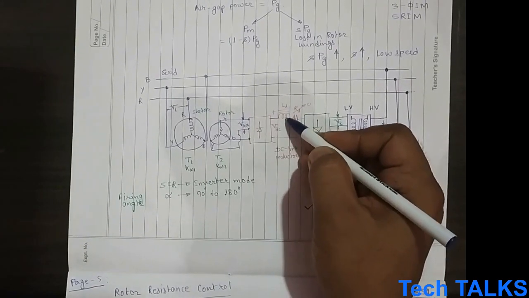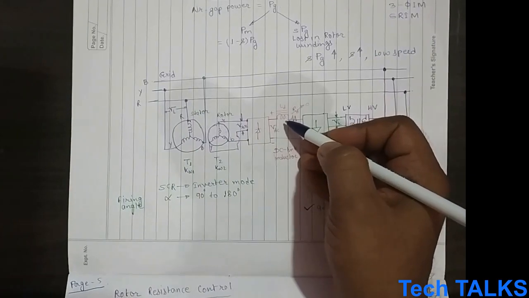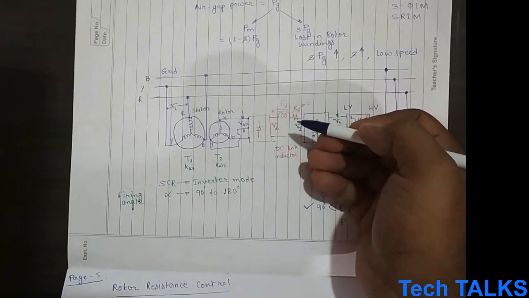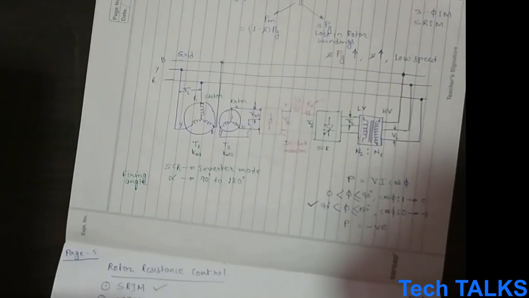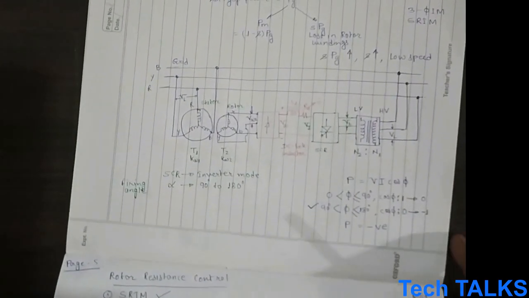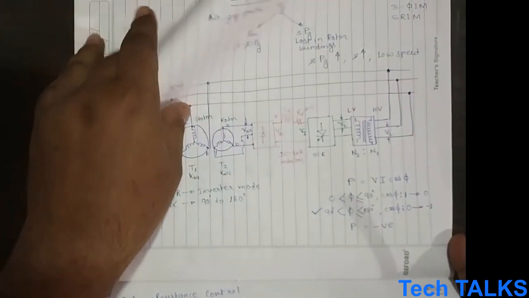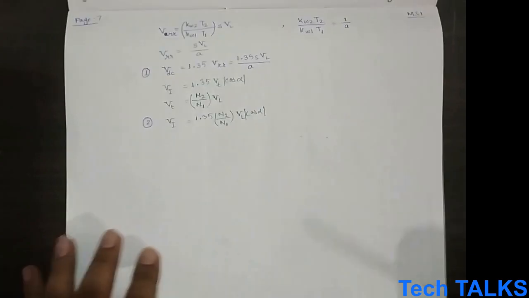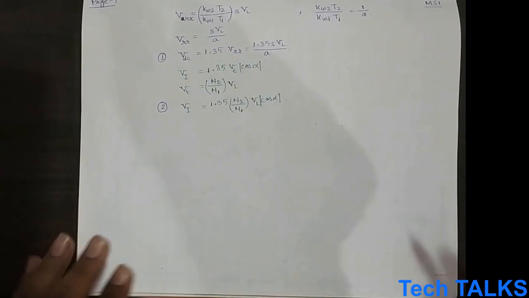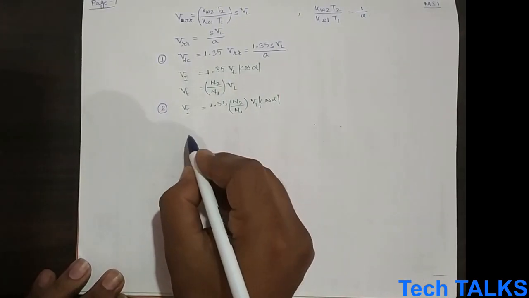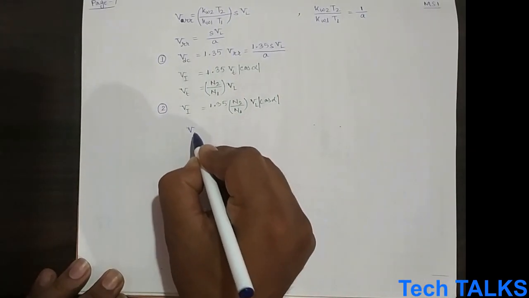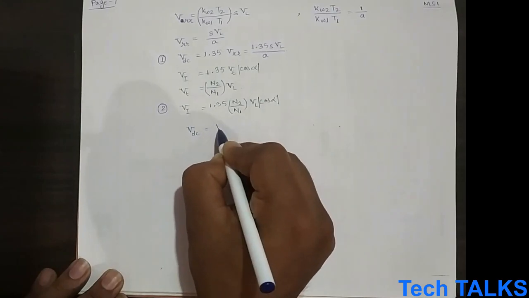Only power is lost in the resistor. So considering a lossless system, you can put this VDC equal to VI.